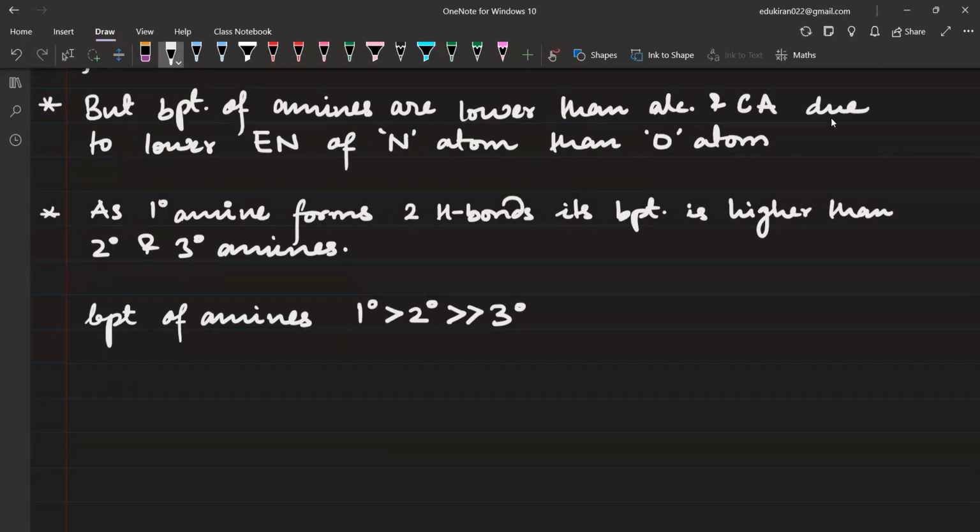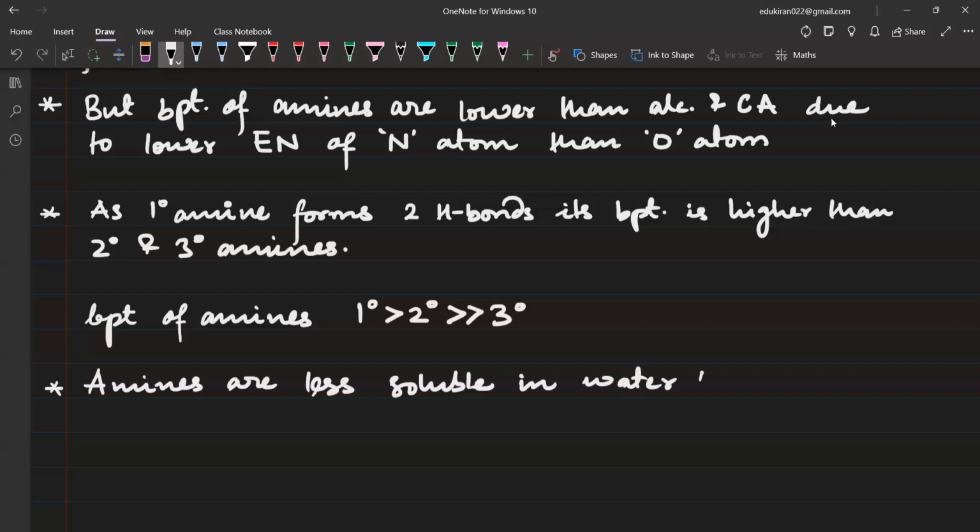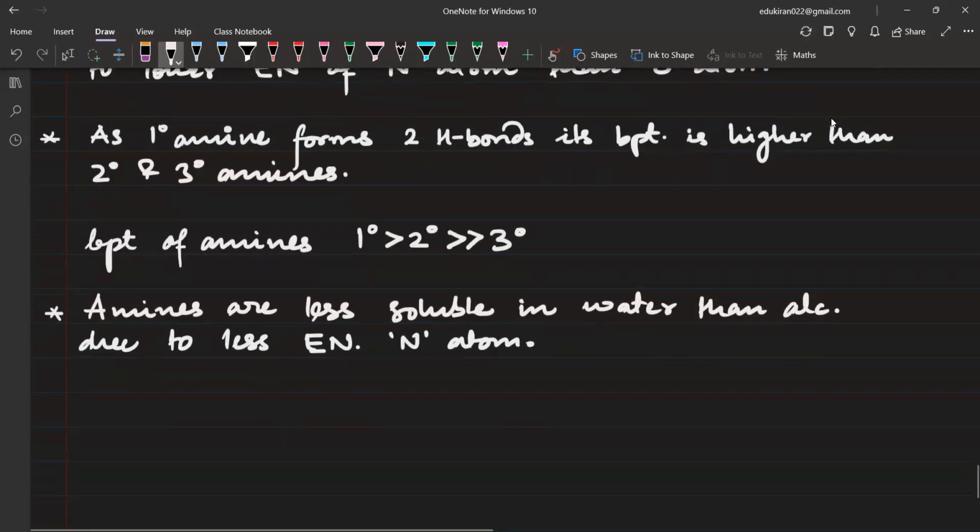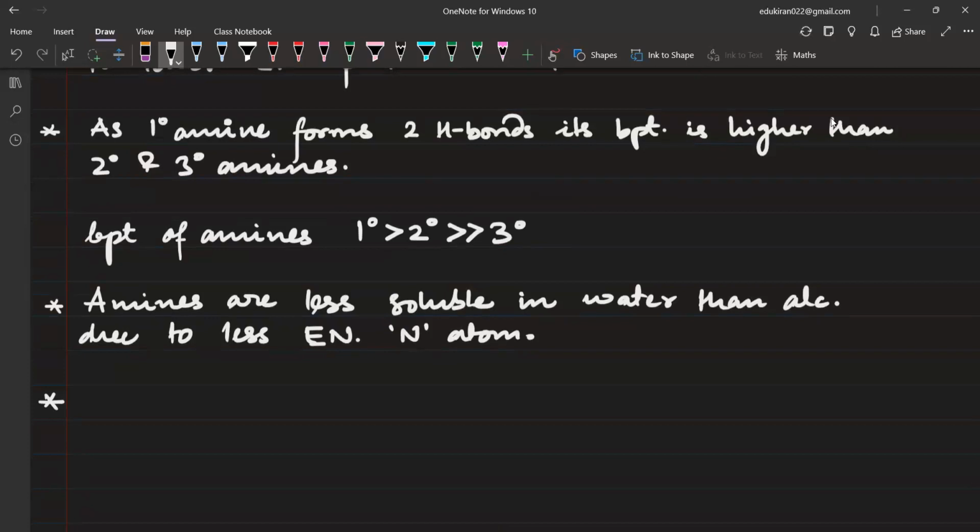Next point, amines are less soluble in water than alcohol, due to the same thing, due to less electronegative nitrogen atom. Next point regarding solubility.